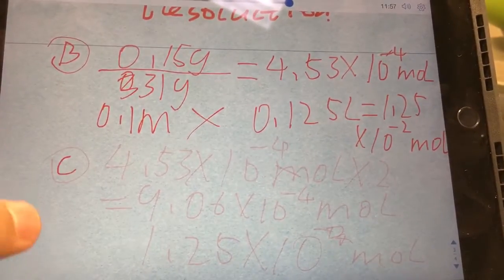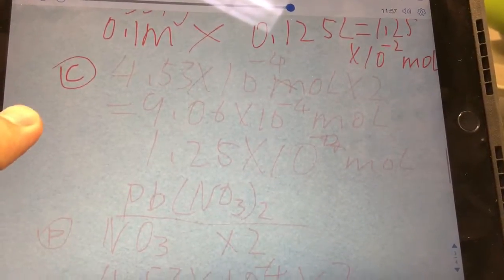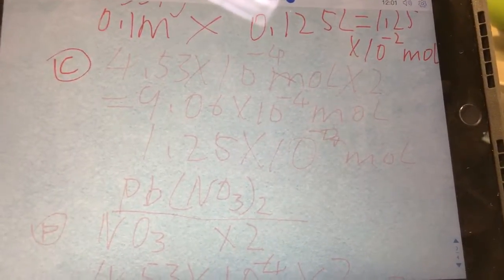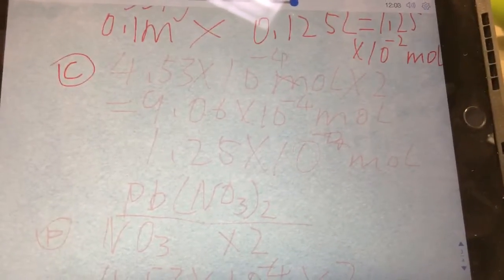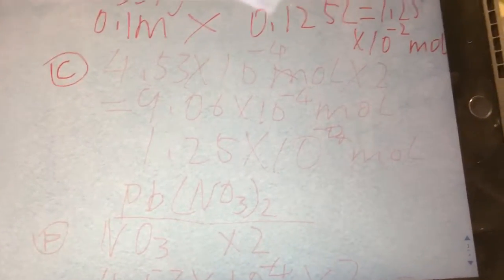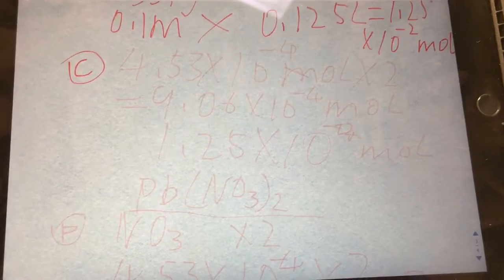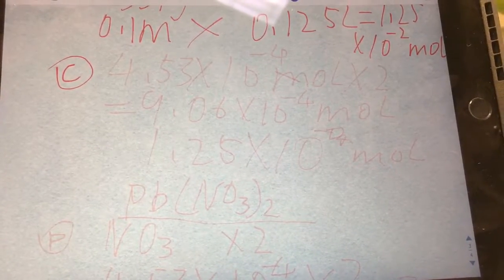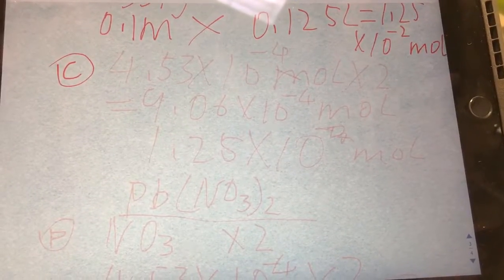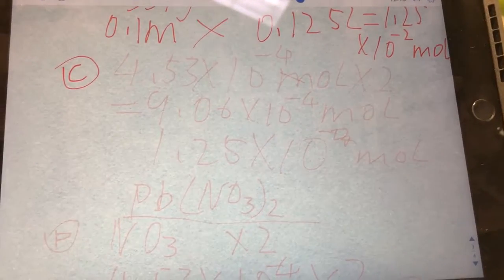Now for part C, we need to identify the limiting reactant. So we need to figure out the amount needed to complete the reaction for each reactant.